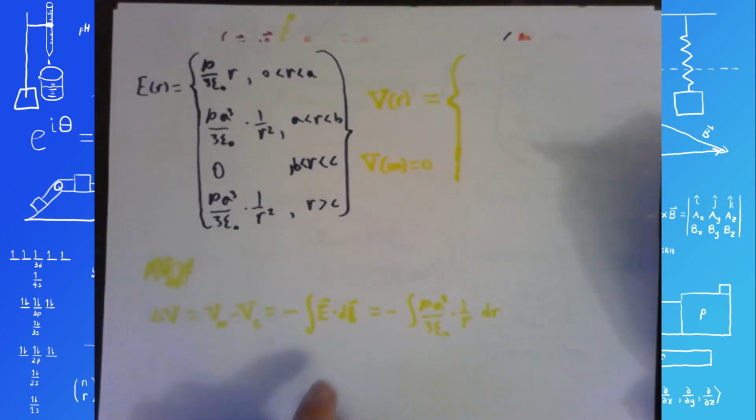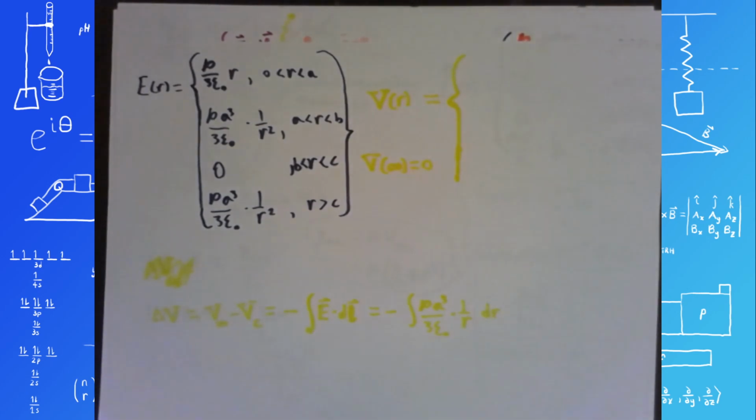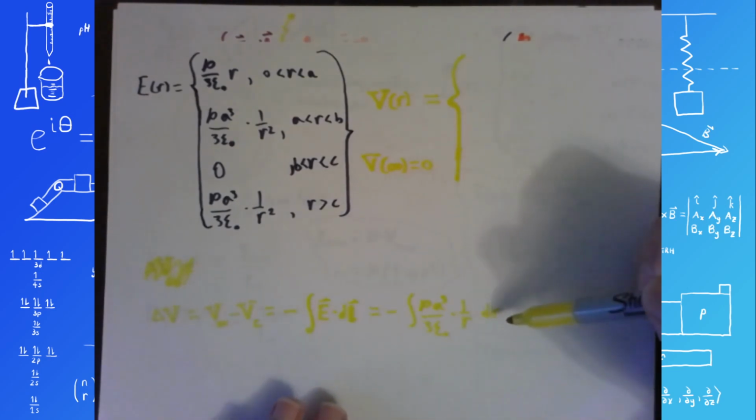Actually, wait, no, it wouldn't be times negative 1, because of the way we're defining dl, or dr in this case.